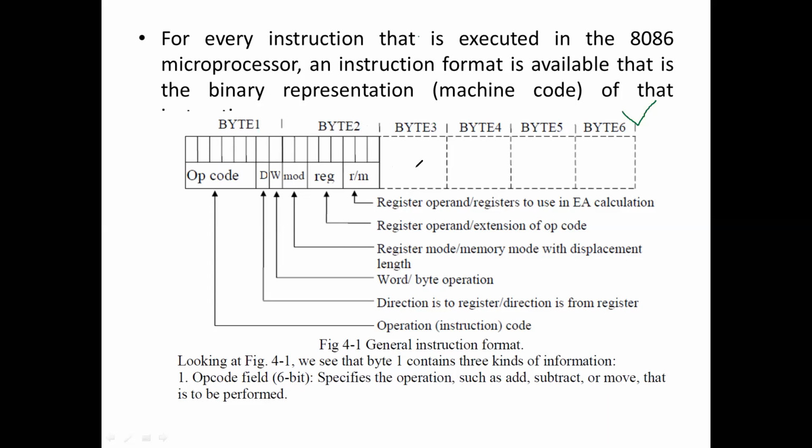If we are having 16-bit displacement, then we need 2 bytes for that displacement value. If we are having 8-bit displacement, then we need only 1 byte, byte 3, to represent that displacement value. Now, first byte contains basically 3 fields.